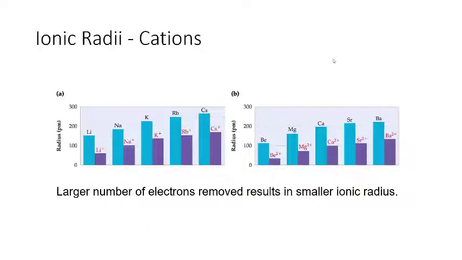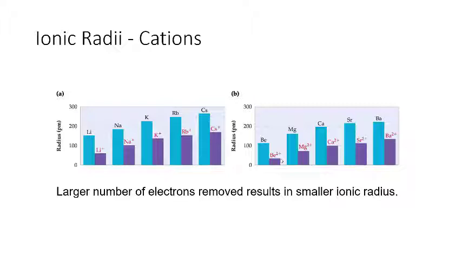Okay, and as we take a look at the effect of forming a +1 cation versus a +2 cation, what we can see here is the larger number of electrons that are removed results in a smaller ionic radius. So when we see the change from lithium to lithium cation, as compared to beryllium to the beryllium cation, you can see that the 2 plus ion becomes much smaller.